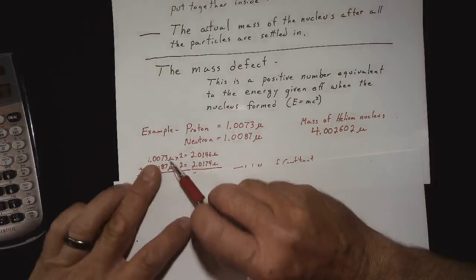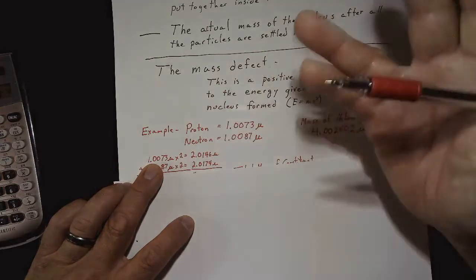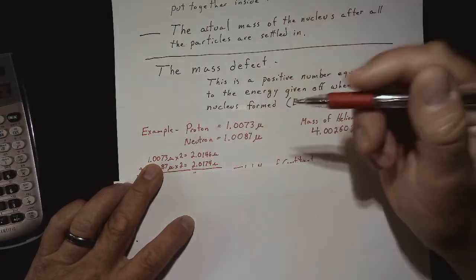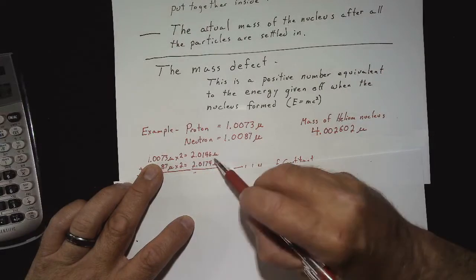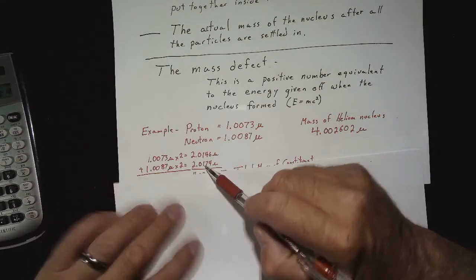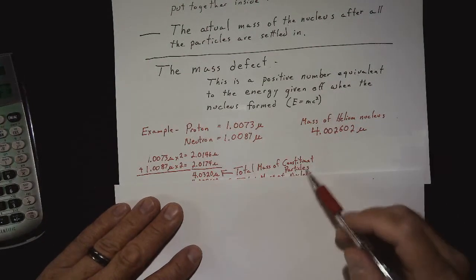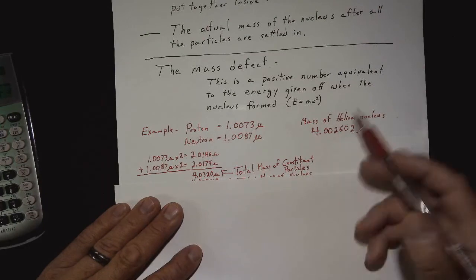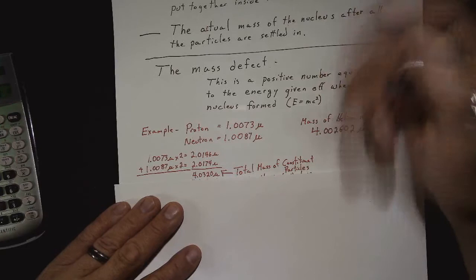So let's see what the mass defect is. I take the protons, multiply by 2, because there are 2 protons and 2 neutrons in the helium nucleus, and get this number. Take the neutrons, multiply by 2, get this number. Add those numbers up. That is the total mass of the constituent particles of the helium nucleus, all the bricks it takes to put together the helium nucleus.